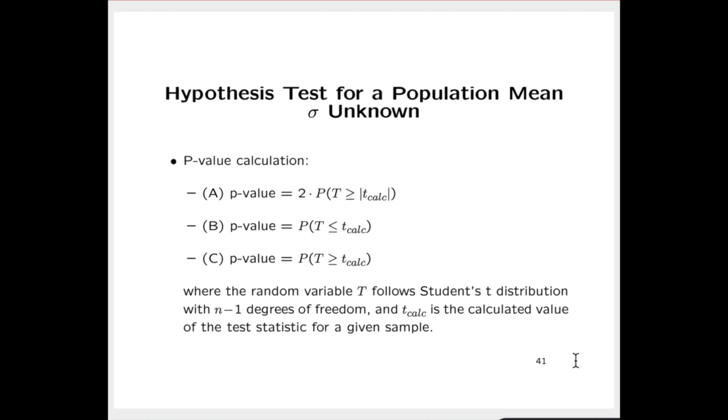You'll see that this is very similar to using the z-test. Really, the only differences are in how we calculate the test statistic and in the reference distribution that we use to get the critical points. For the t-test, instead of getting our critical points from the standard normal distribution, we get them from the appropriate t-distribution. But overall, the procedure is very, very similar.